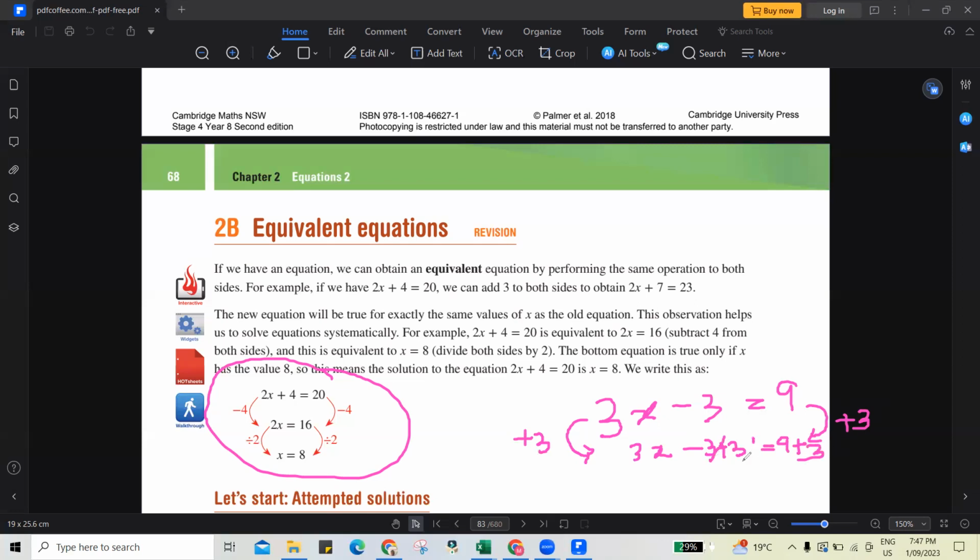This one and this one cancel. 3x equals 13. Then x will be 13 divided by 3. The next step will be to divide by 3, both sides, right? Okay. Now I clear that.